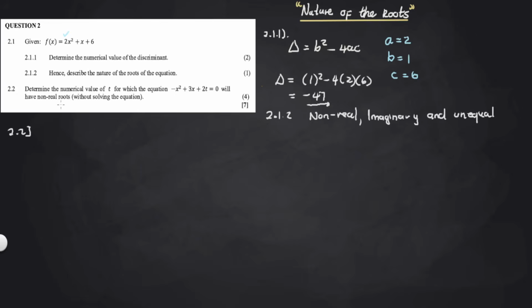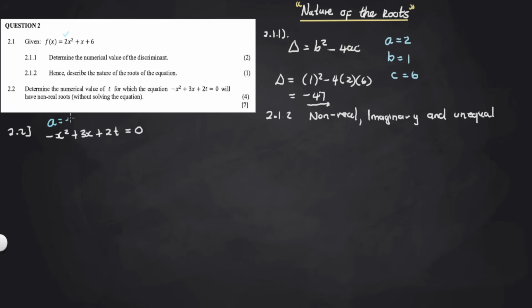Then for the last question, 2.2, determine the numerical value of t for which the equation will have non-real roots without solving the equation. Let me just start off by writing the entire equation as it is. I'm just copying it down and then highlighting the ABCs.